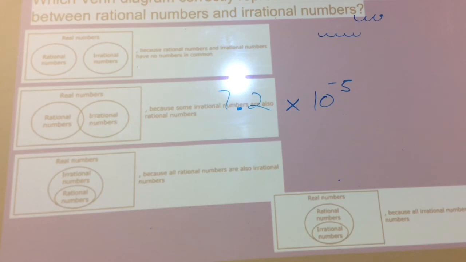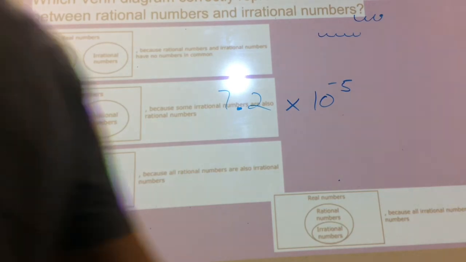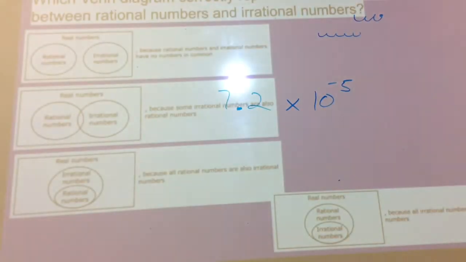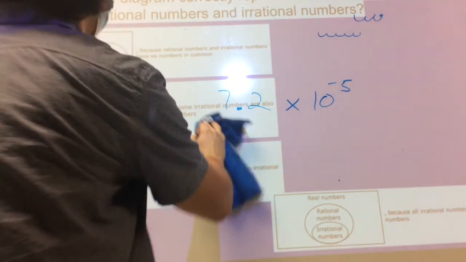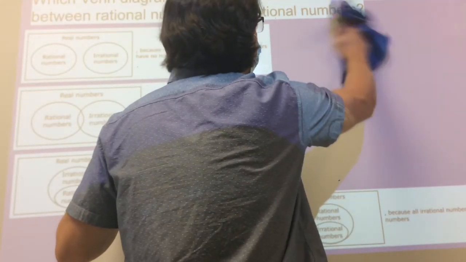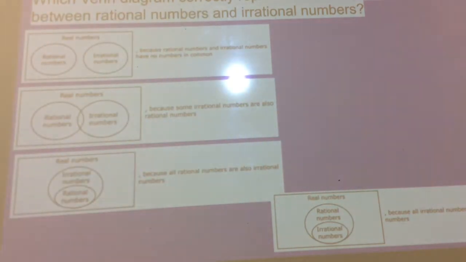Okay, now, I know these ones are a little bit small to read, but you have access to this on your computer as well, so if you can't see them all. But I want to talk a little bit about these rational numbers and ordering them. So it says, which Venn diagram correctly represents the relationship between rational numbers and irrational numbers?